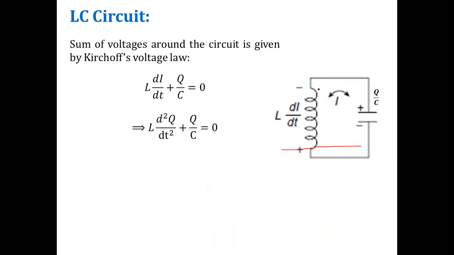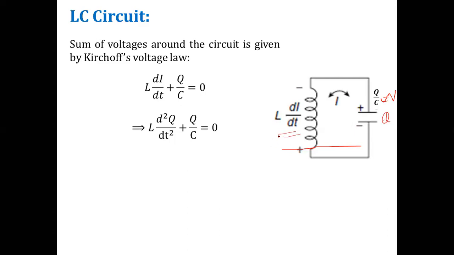Now, this is your LC circuit. You have a certain amount of charge on the capacitor, and let's say the charge on the capacitor is given by Q. So if charge is Q, then your voltage across the capacitor will be given by Q over C. The induced EMF generated on the inductor is given by L di by dt.